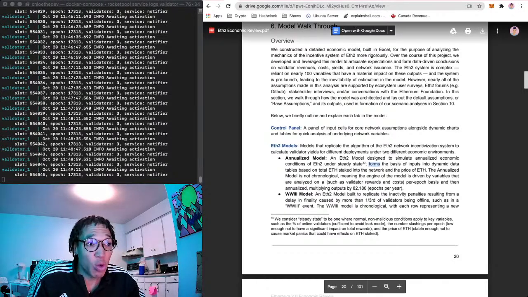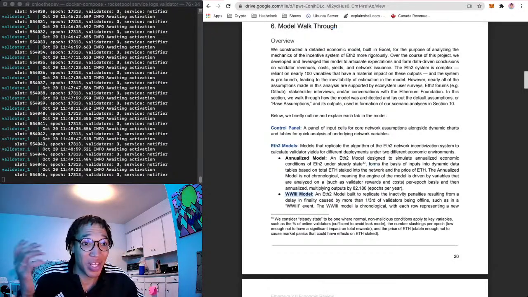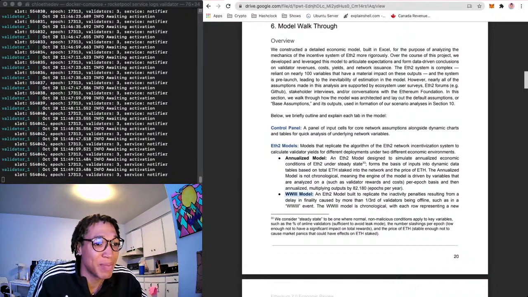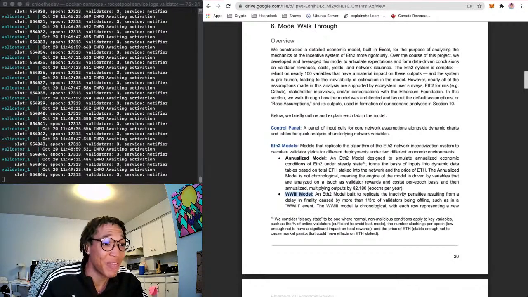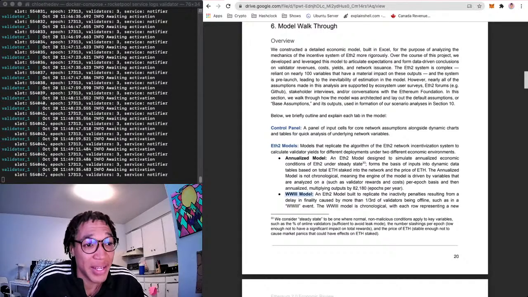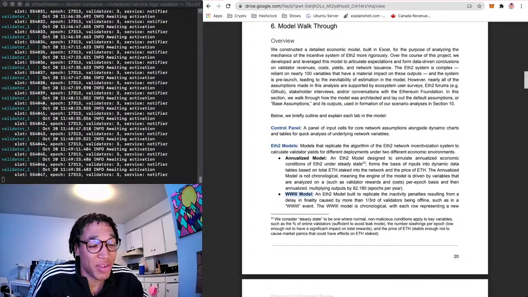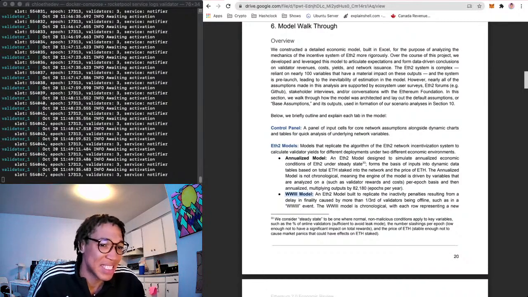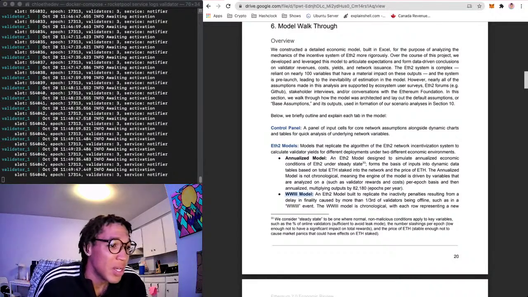And then the World War III model, assuming a catastrophic event. So there's an ETH2 model built to replicate the inactivity penalties resulting from a delay in finality caused by more than 1/3 of validators being offline, such as in a World War III event. Right? So more of a catastrophic event where more than 1/3 of validators go offline simultaneously.